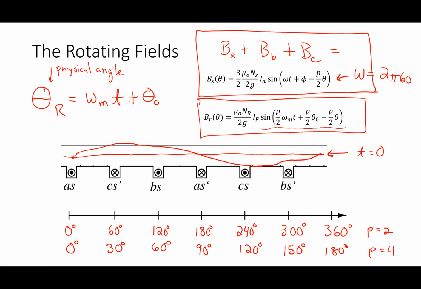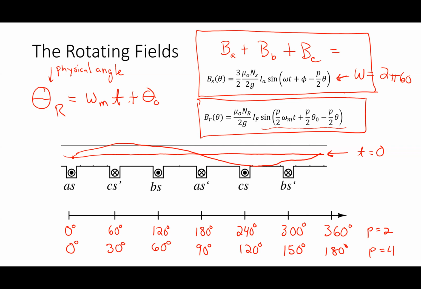So if you look at the rotor field, what's the speed at which the rotor field is moving? I wrote it as P over 2 times omega m. If I had a two-pole machine, so P equals 2, the rotor is moving at what speed? 60 hertz. If I had a four-pole machine, what's it have to be moving at?